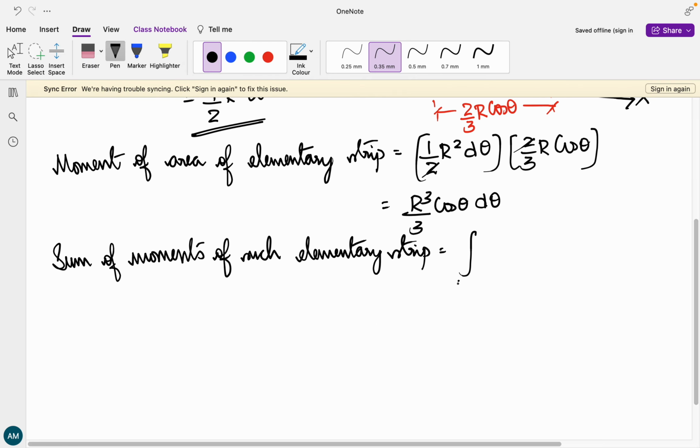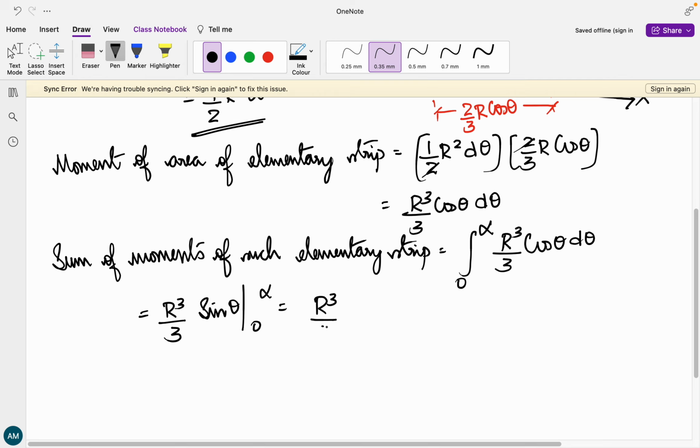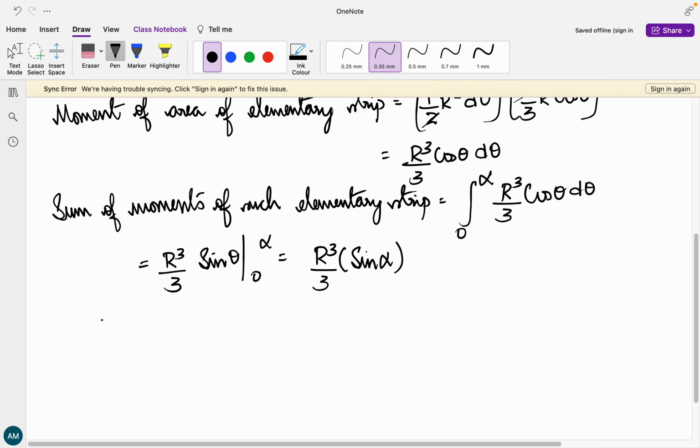It is integral 0 to alpha of r cube divided by 3 cos theta d theta. After integration it is r cube by 3 sin theta between the limits 0 to alpha, or r cube by 3 sin alpha. Call this equation 1.